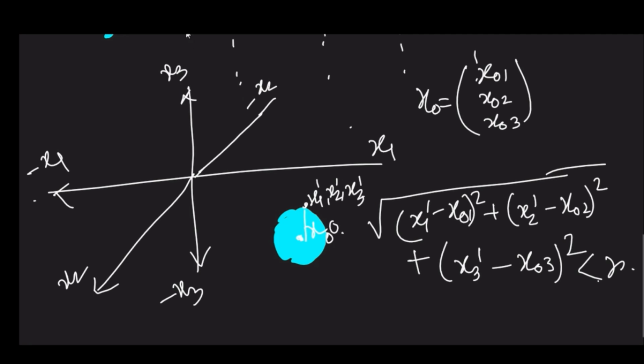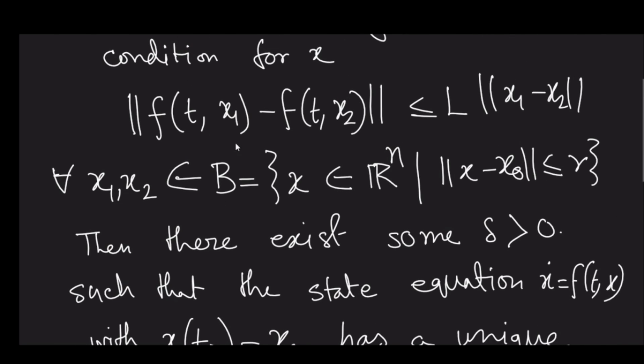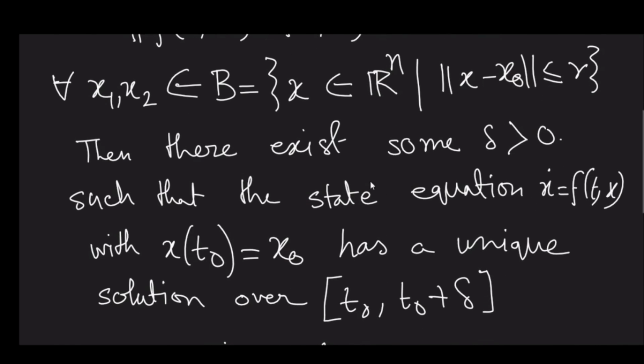So only in this region can we get this condition being satisfied by the function. Then for some delta greater than 0, we have a closed interval over time t0 to t0 plus delta, in which we will get an exact solution.